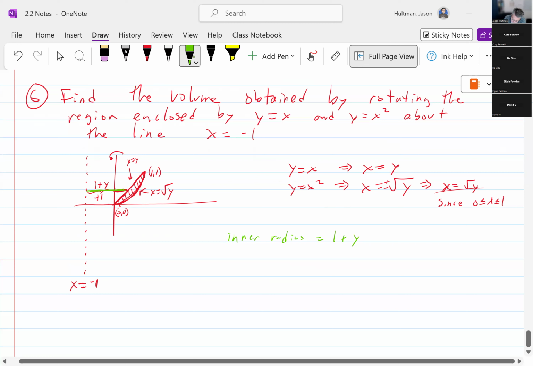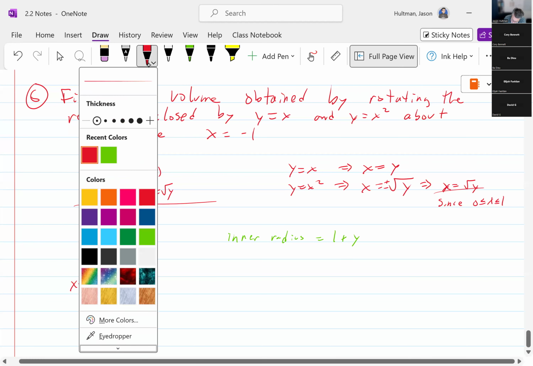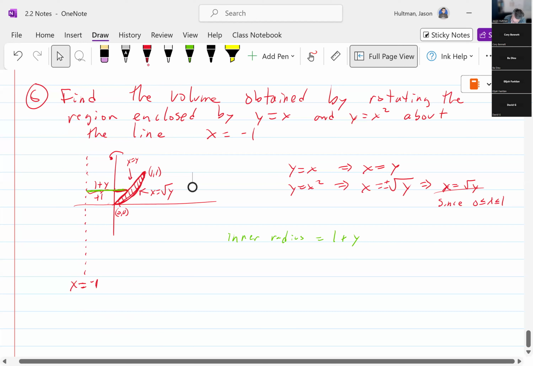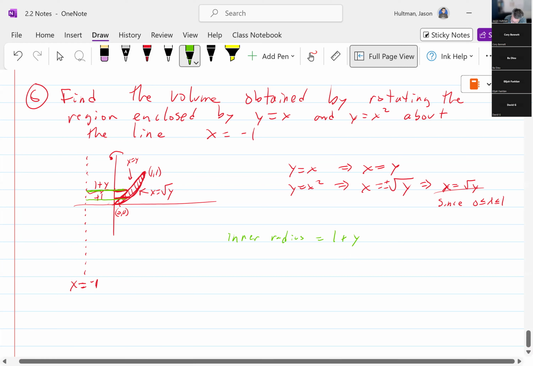If we were only rotating about the y-axis, the outer radius would go up to the square root of y, but now we're increasing that to 1 plus the square root of y.